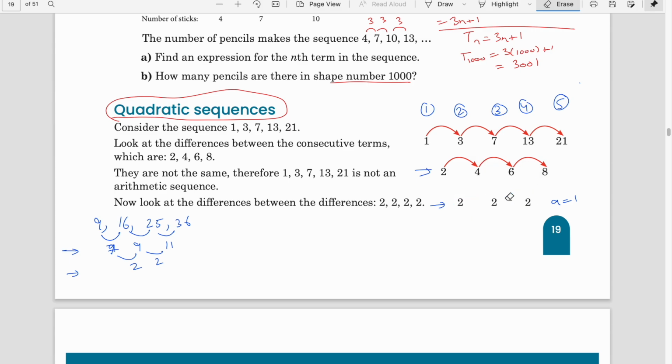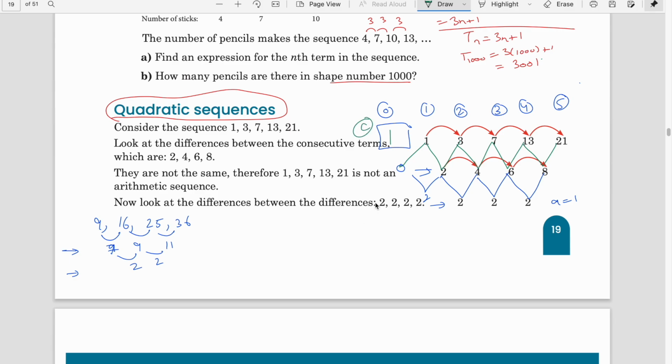I will go back in reverse order. 8 minus 2 is 6, 6 minus 2 is 4, 4 minus 2 is 2, so 2 minus 2 is 0. That's a coincidence that we're getting 0. We may get different values. Now, you see, 21 minus 8 was 13, 13 minus 6 was 7, 7 minus 4 is 3, 3 minus 2 is 1, so 1 minus 0 is 1. In this case, C is equal to 1.